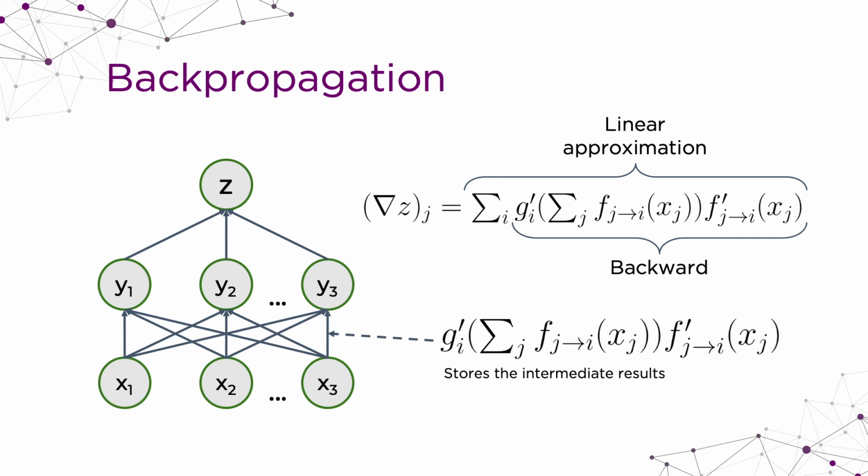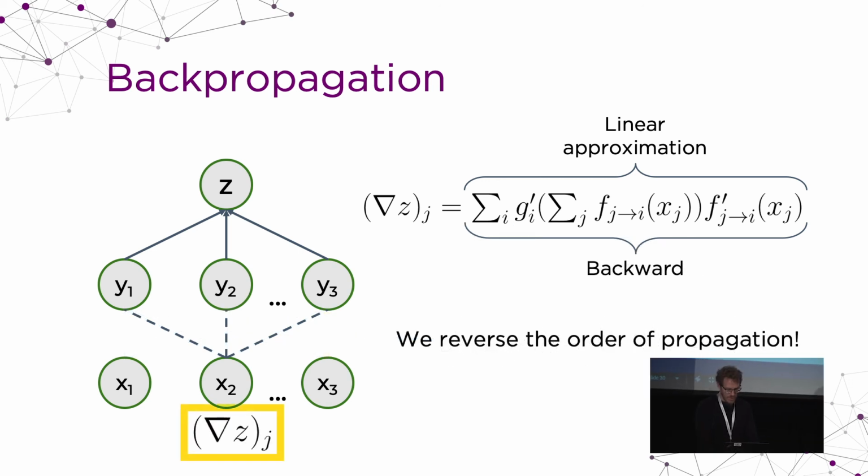And what we can see is that this expression is the product of this term that has been computed and stored on this edge, and this term that has been computed and stored on this edge. So I'm doing the product of the value of this edge with this edge. And so to compute this component of the gradient, I can convert the problem of computing this linear approximation, of computing the gradient, as a graph traversal algorithm.